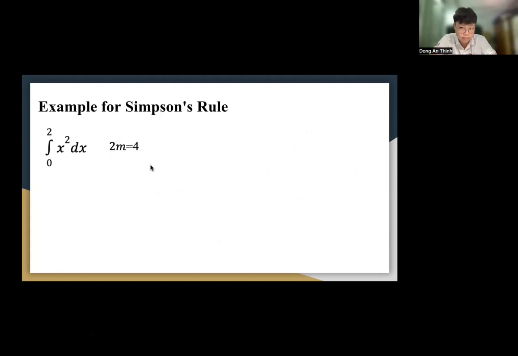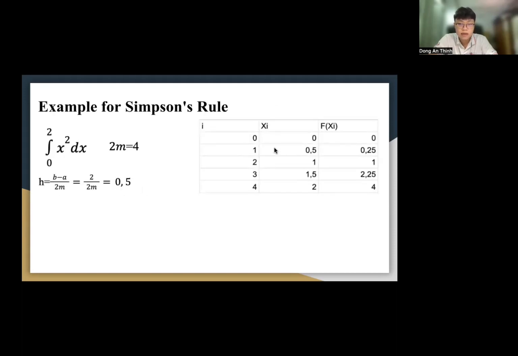Oh, four stripes, my bad. We have the width, which is b minus a overall divided by the stripes. We got 0.5. We plug in everything we have, like the last two times.